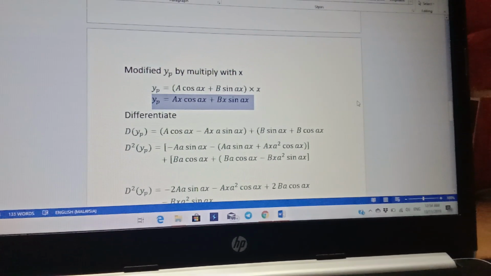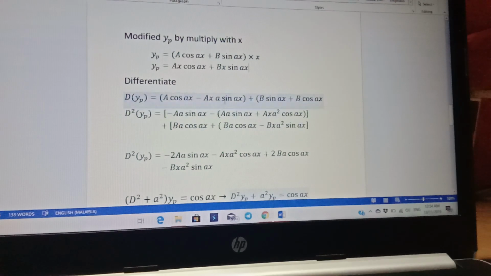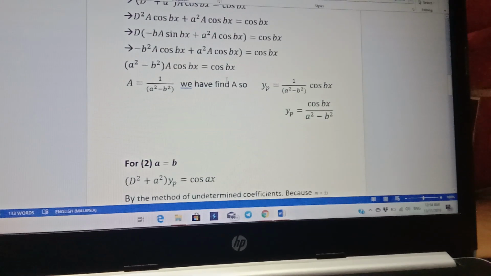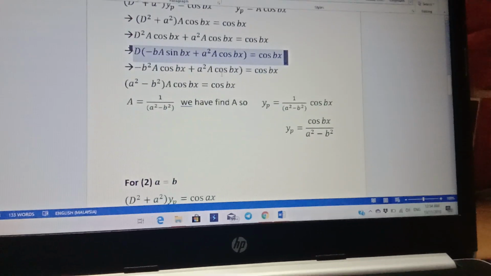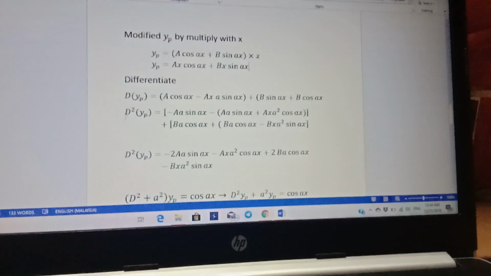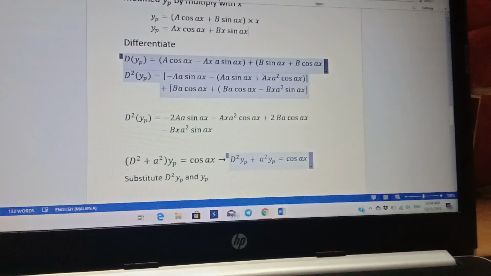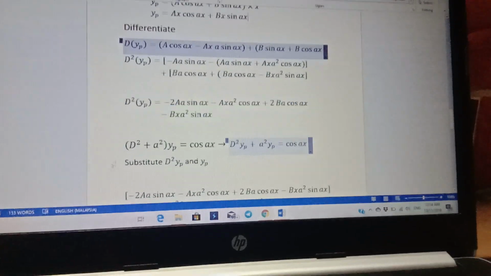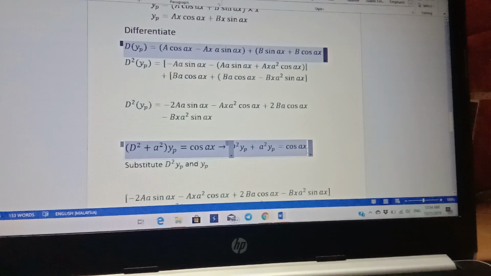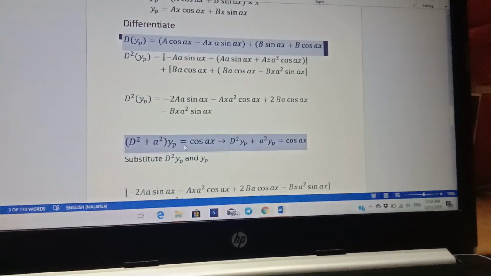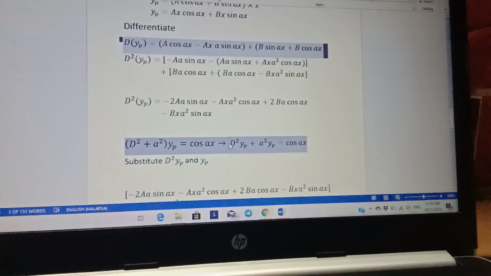So we differentiate it two times, just as in the first case. After we differentiate two times, we will get this one, (D squared plus a squared) yp equals cos ax.